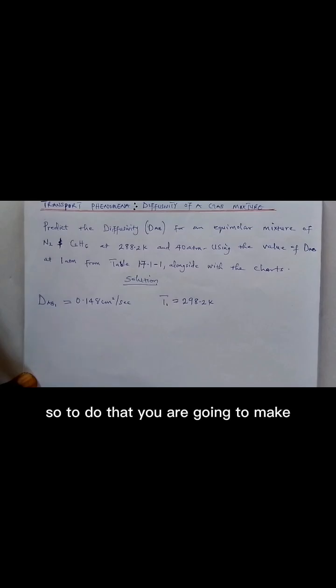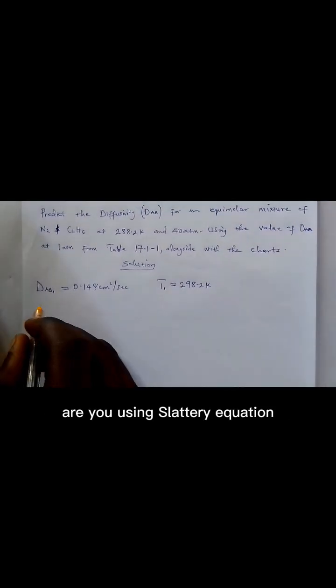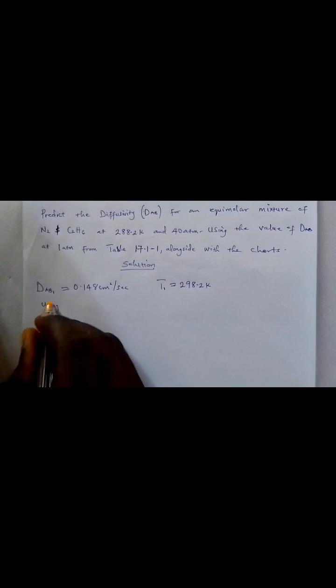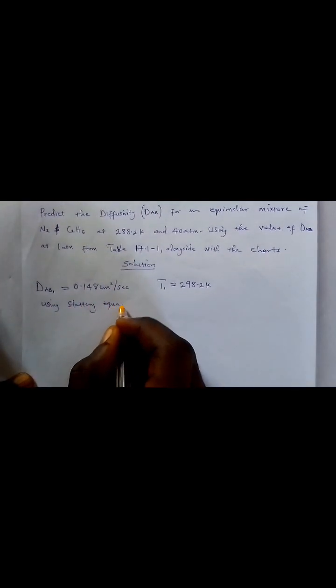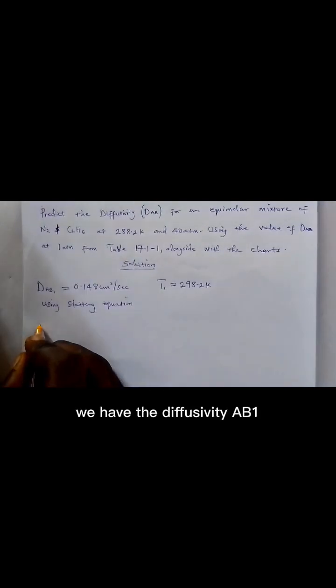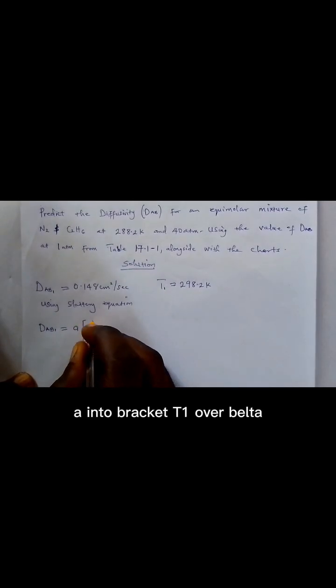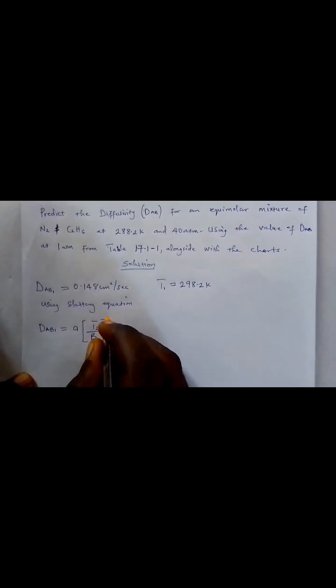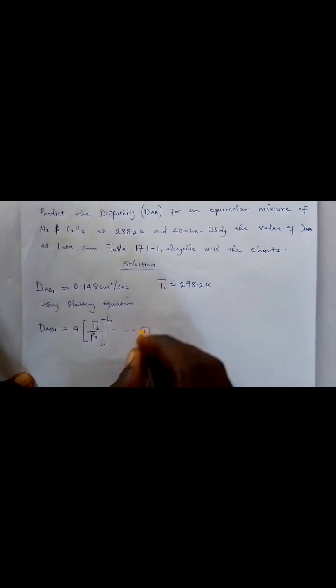To do that, we are going to make use of the Slattery equation. Using the Slattery equation, we have diffusivity AB1 equal to A into bracket T1 over delta raised to power B, that is equation 1.